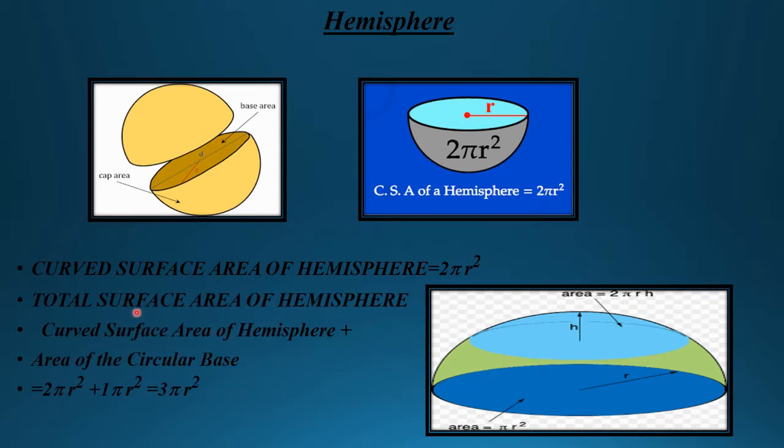Therefore, total surface area of hemisphere is equal to curved surface area of hemisphere plus area of the circular base. Therefore, total surface area of hemisphere is equal to 2 pi r square plus 1 pi r square is equal to 3 pi r square.